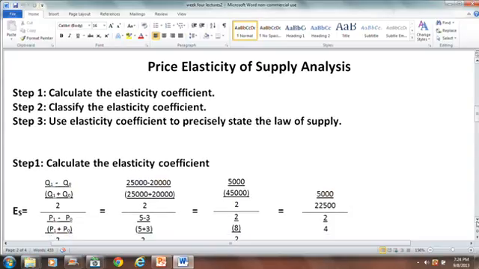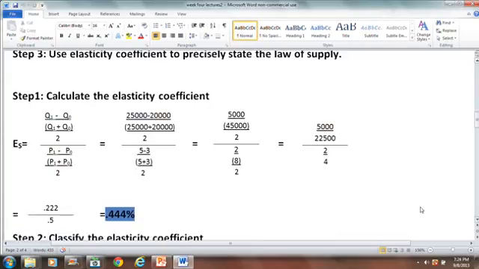In the first step, in the price elasticity of supply formula, in place of Q1 I put 25,000, in place of Q0 I put 20,000, in place of P1 I put $5, and in place of P0 I put $3. Then I just work it down until I get a single coefficient value.